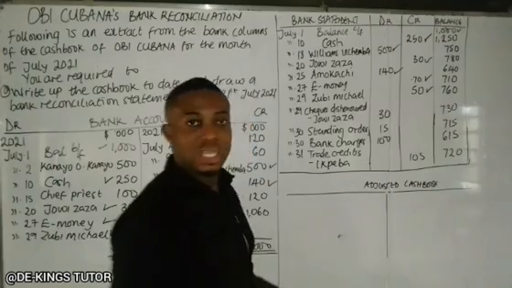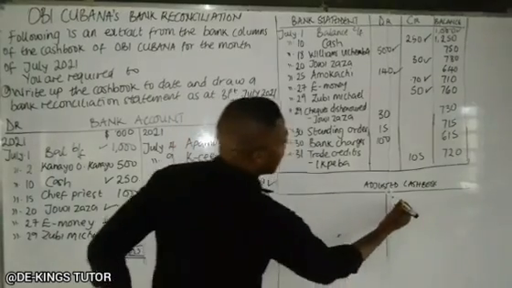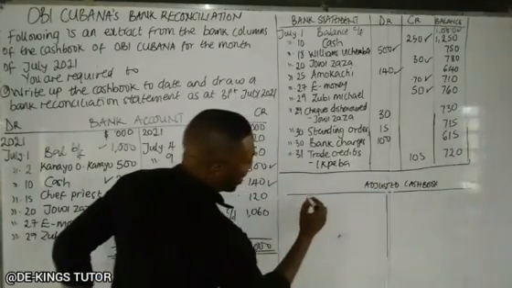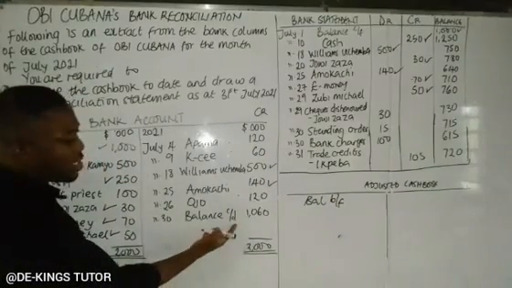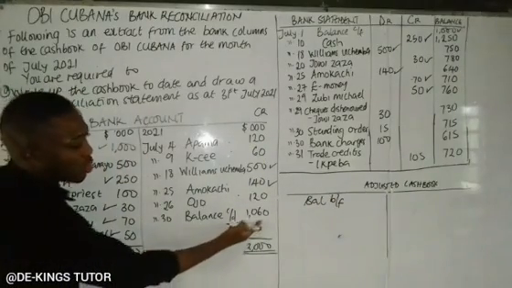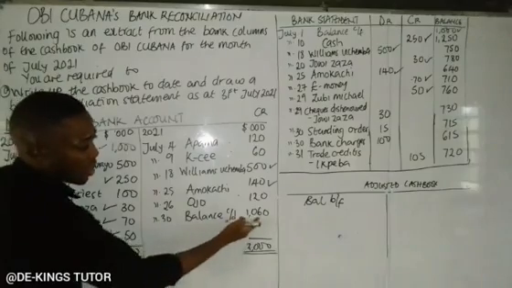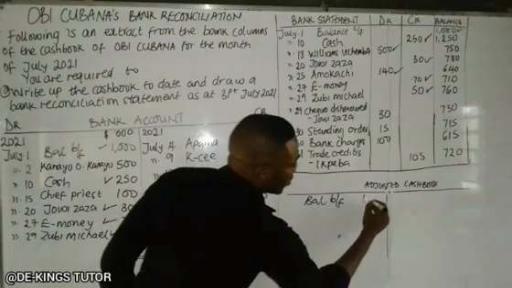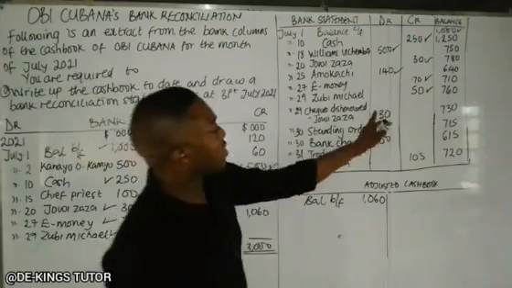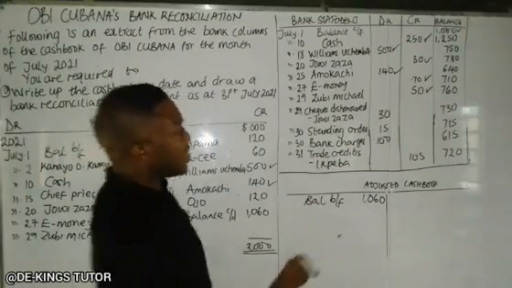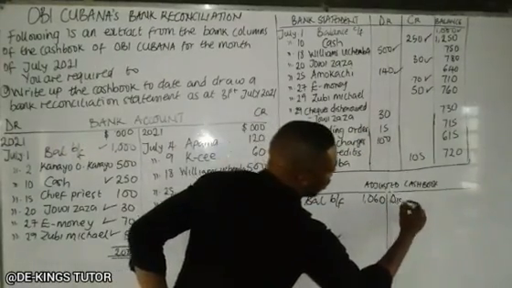So preparing the adjusted cash book now, we are going to start by saying our balance brought forward. And the balance brought forward will be the balance from the cash book that was carried down. Okay? So it will now be 1060. Okay? So all these items are supposed to be less. So we have dishonored check.